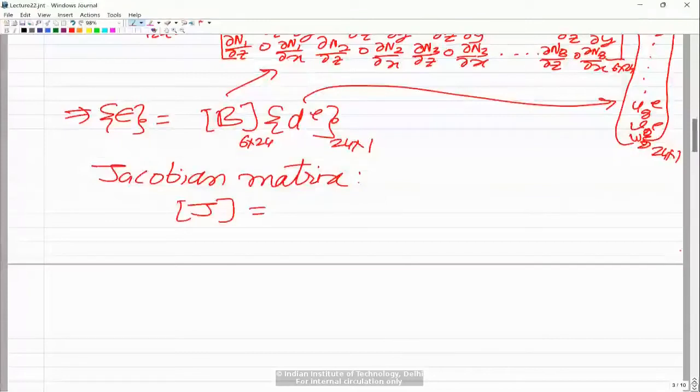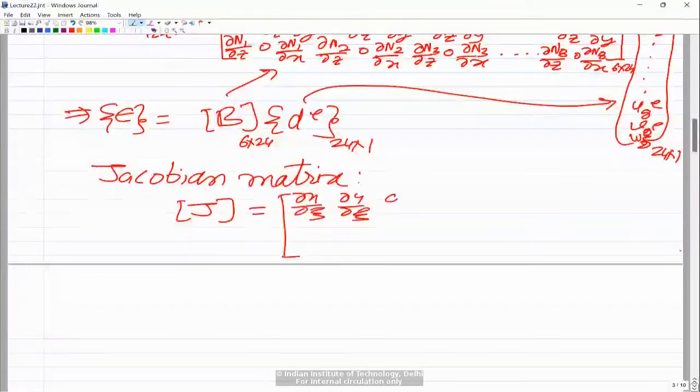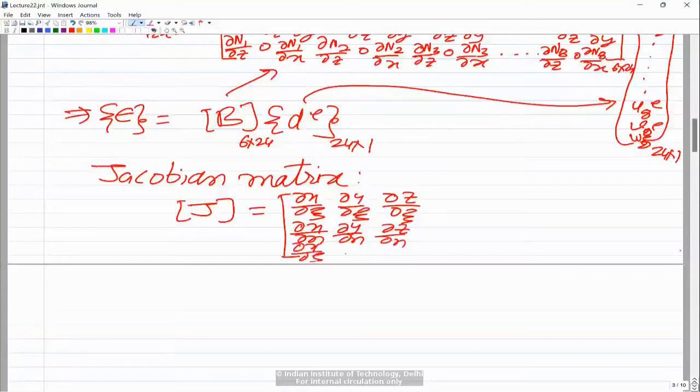So the Jacobian matrix is del x by del xi, del y by del xi, and now we also have z here, del z by del xi, and then del x by del eta, del y by del eta, del z by del eta, and then del x by del zeta, del y by del zeta, and del z by del zeta. So this is your Jacobian matrix.